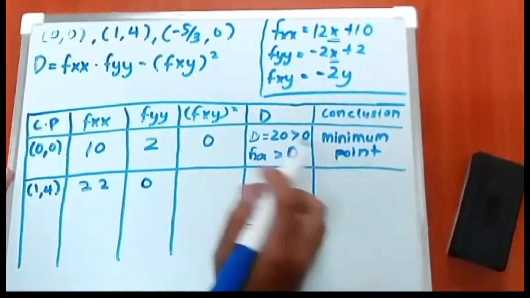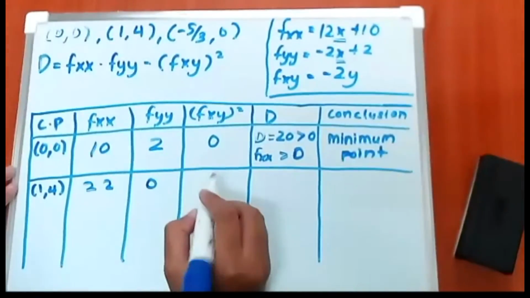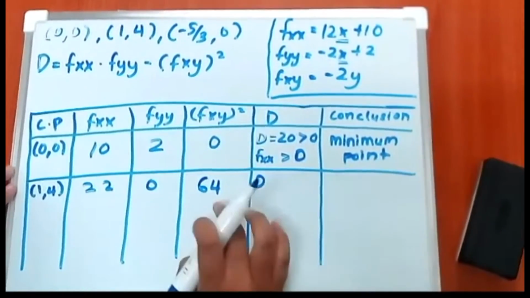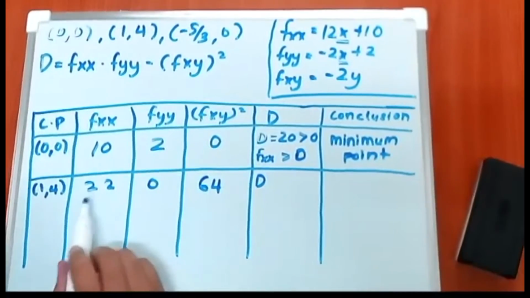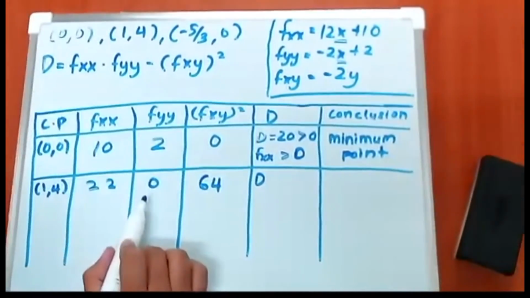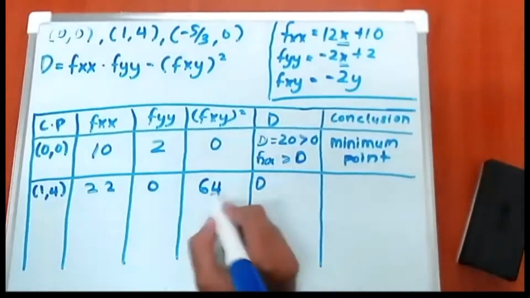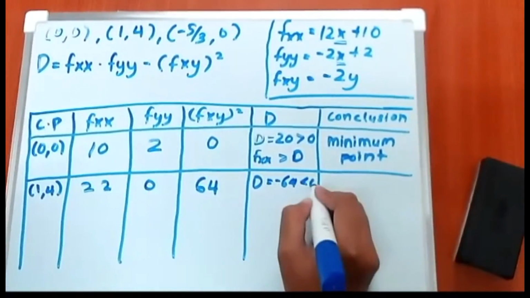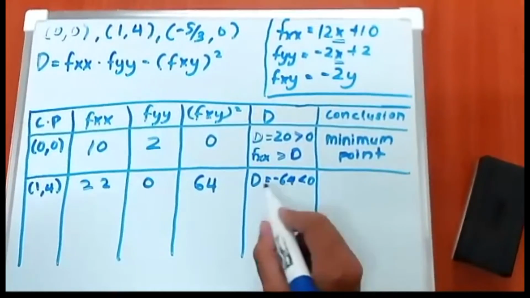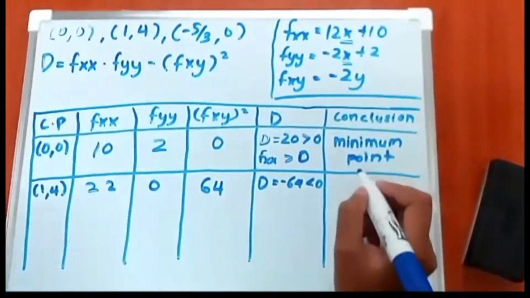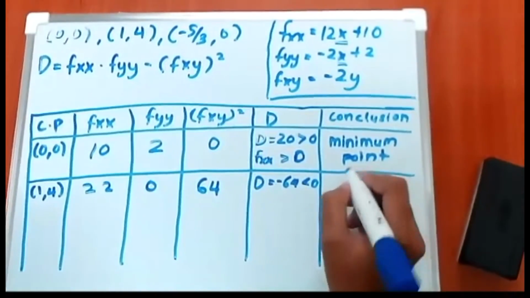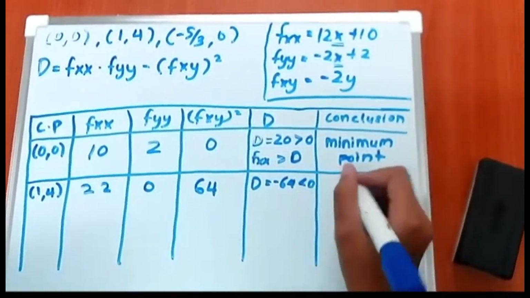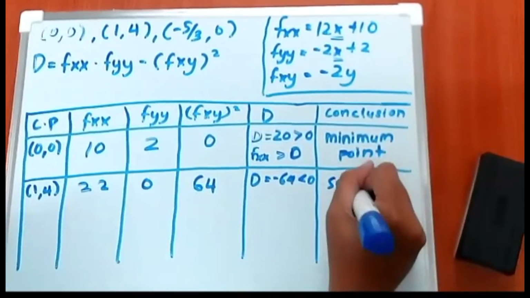And fxy squared will give you 64. So D here is 22 times 0, which is 0, minus 64, which gives negative 64, that is less than 0. When D is less than 0, we can conclude directly that it is a saddle point.